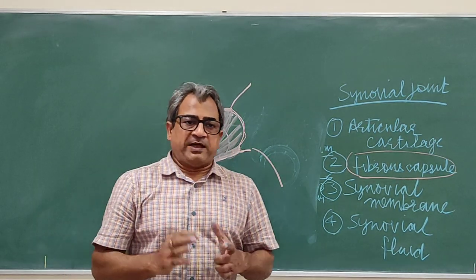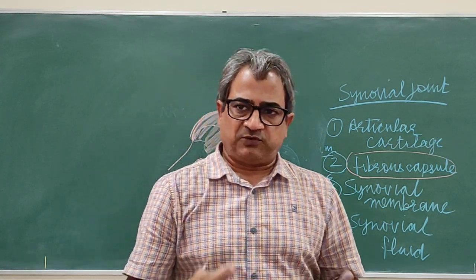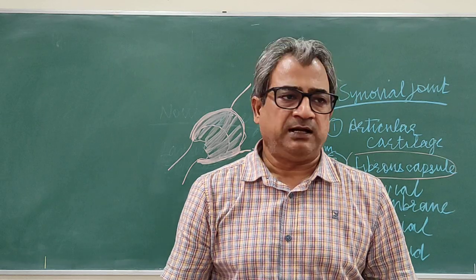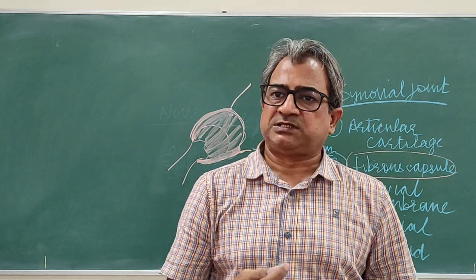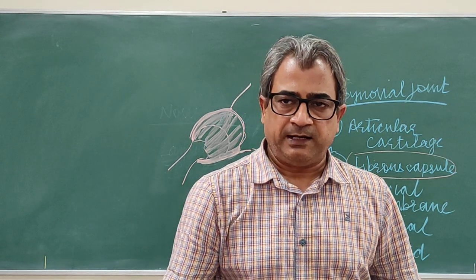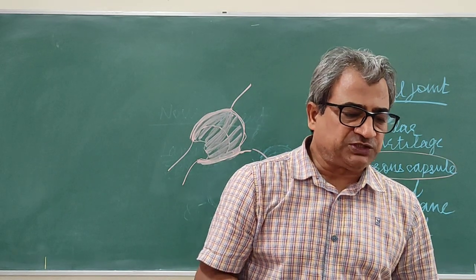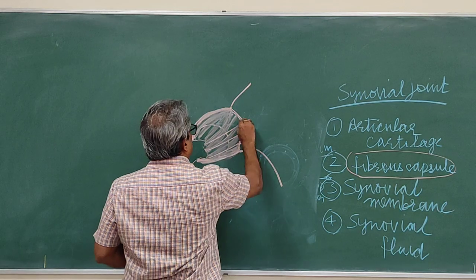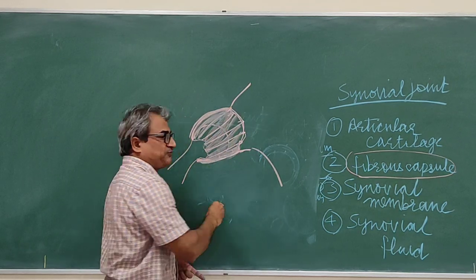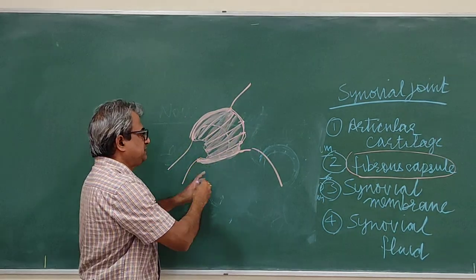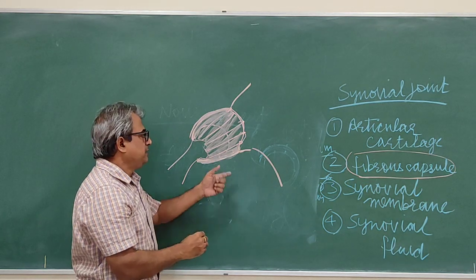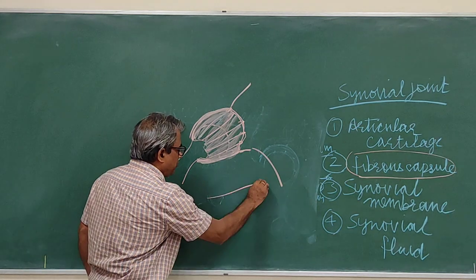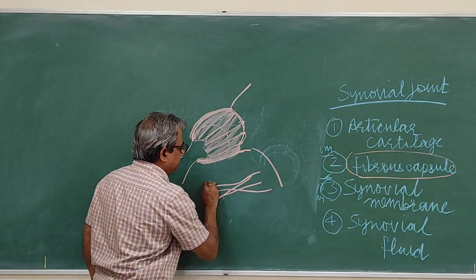So the fibrous capsule is made up of fibrous tissue primarily consisting of collagen fibers, right? And of course, those collagen fibers are of type 1 and type 2. These are running longitudinally in one direction, from one bone to another bone, and they are not just parallel to each other. In fact, they are parallel in the sense that they are running in the same direction, but they are overlapping with each other.